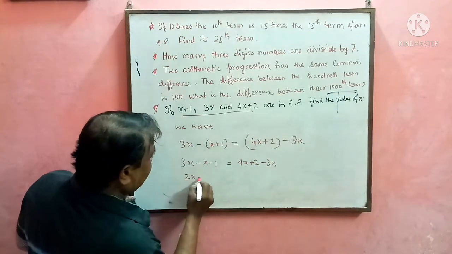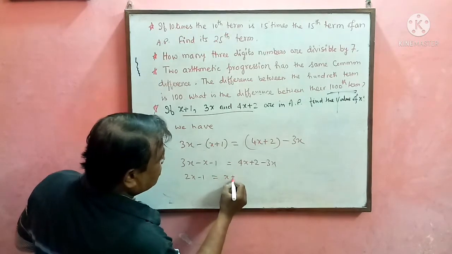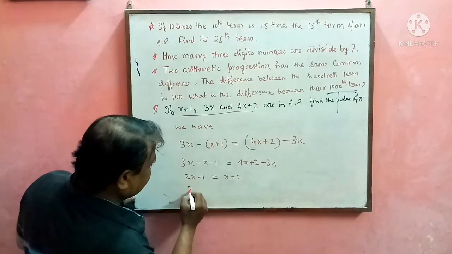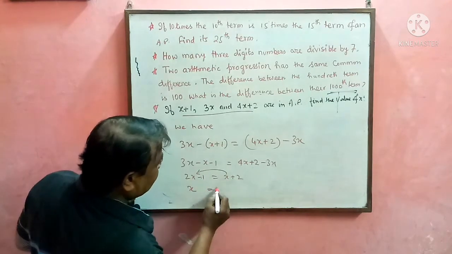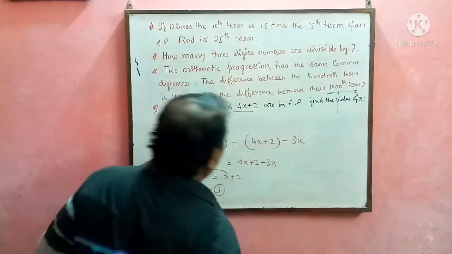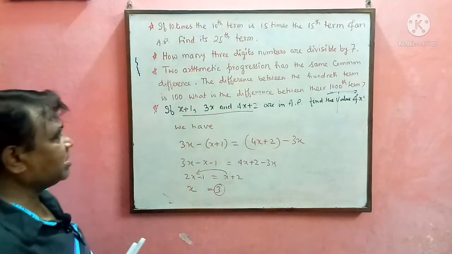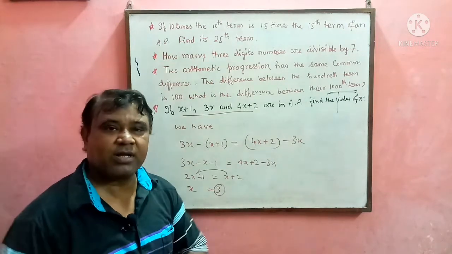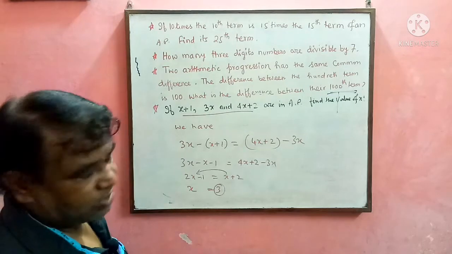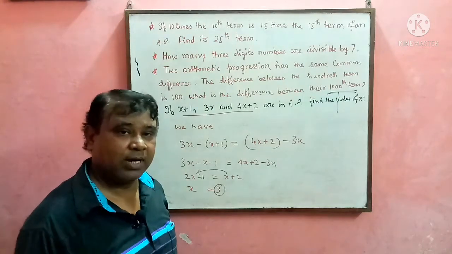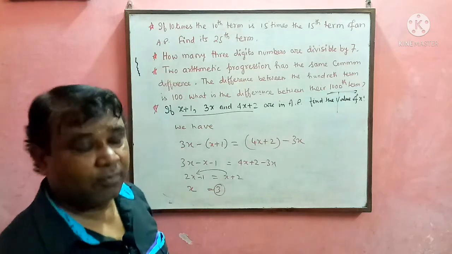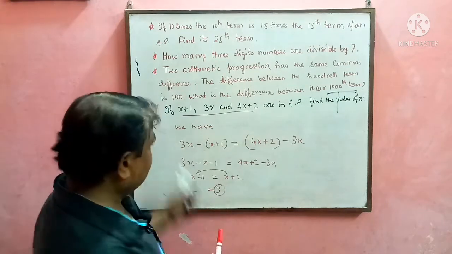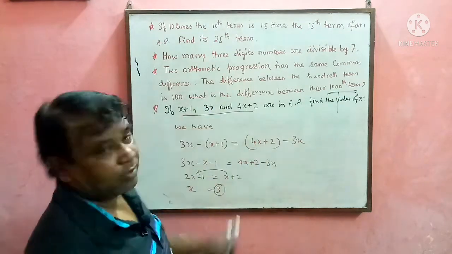Here it is 2x minus 1 is equal to x plus 2. If I take x this side, x will remain here and this will be 3. So the value of x is 3. This is very simple. You just take the difference between the consecutive terms, like second term minus first term is equal to third term minus second term, and successively you may take also the fourth term minus third term. This way you may have an equation and you will be able to solve it.